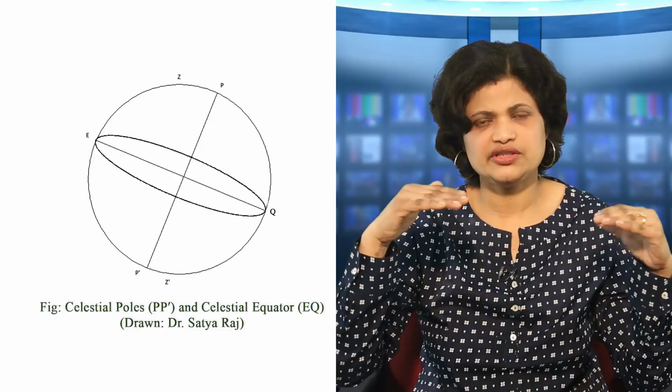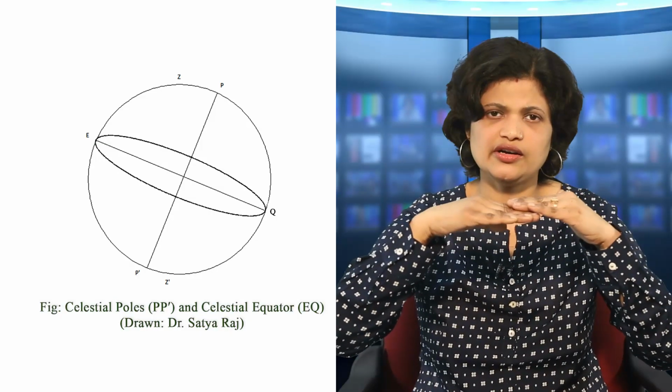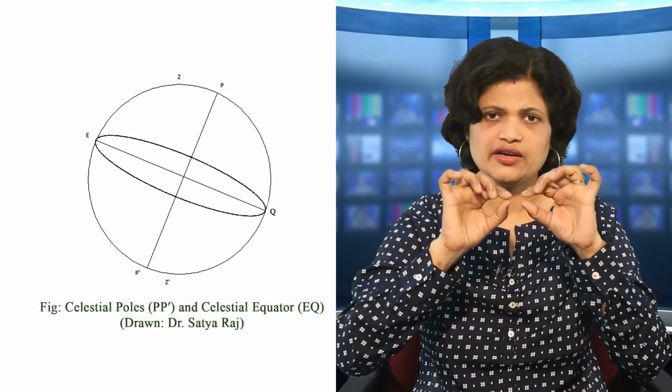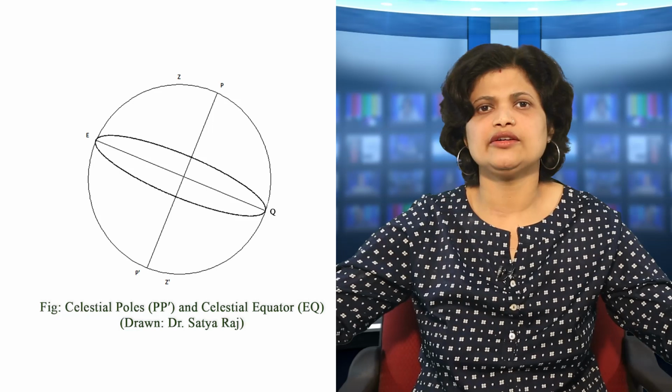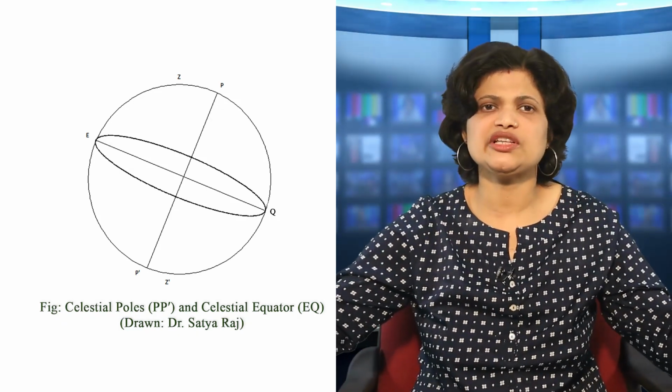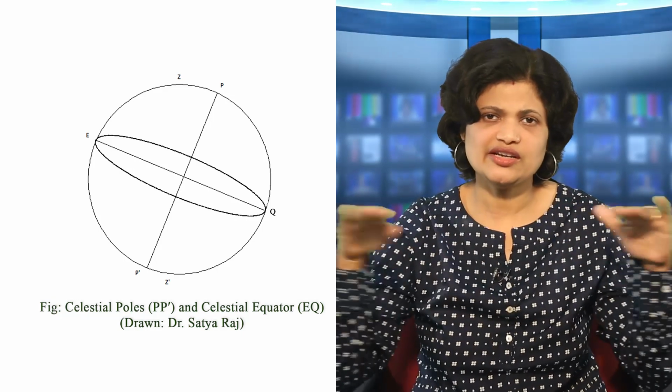So declination of any celestial body is the angular distance from the celestial equator. The celestial equator is the line protruding from the earth's equator and expanding up to the celestial sphere. So the declination of any star or celestial body is its angular distance from the celestial equator.